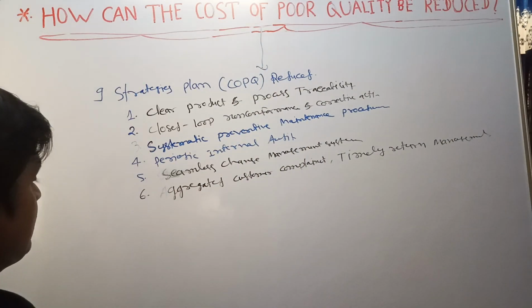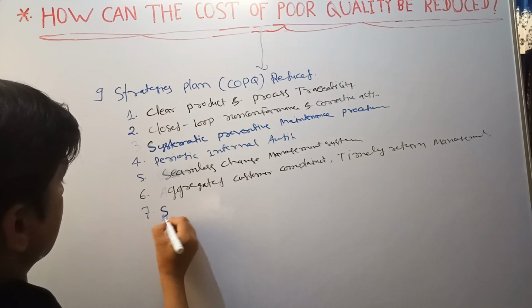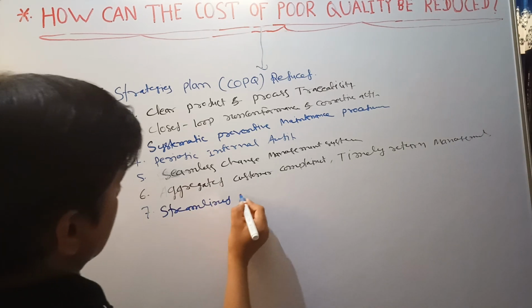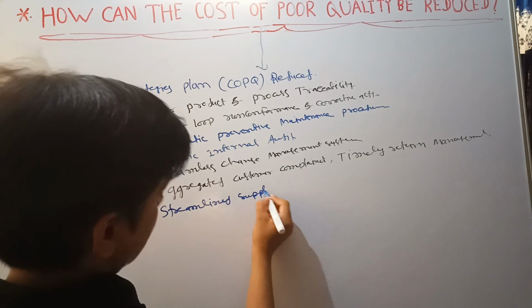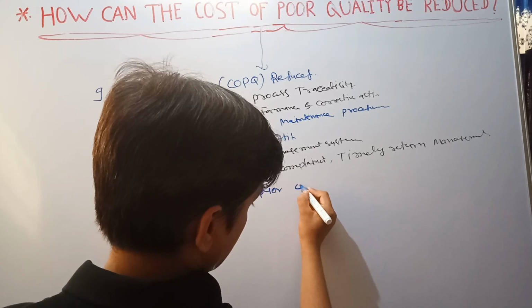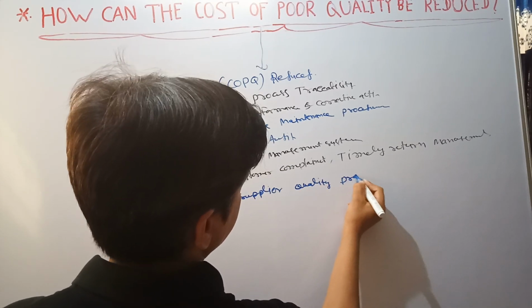And the seventh, that is most important, is the streamlined supplier quality program.